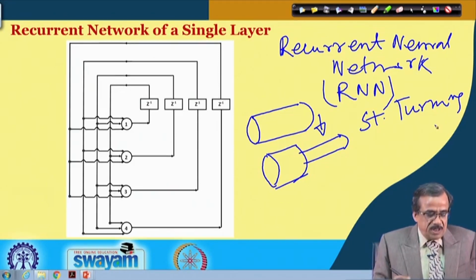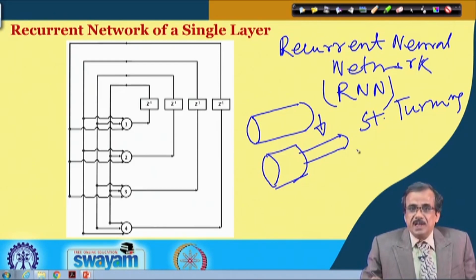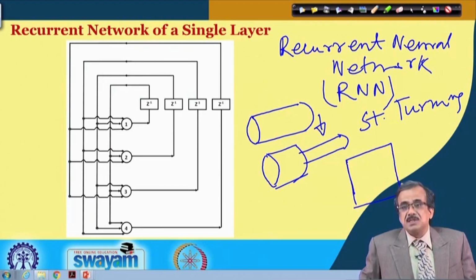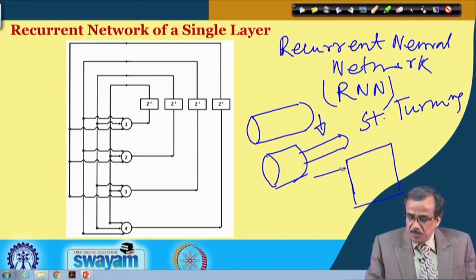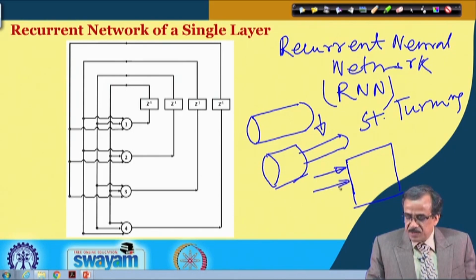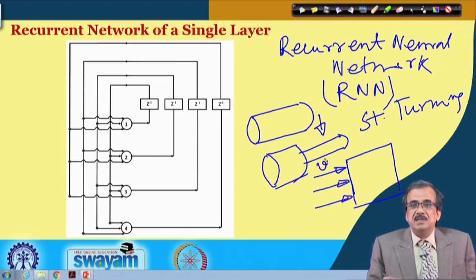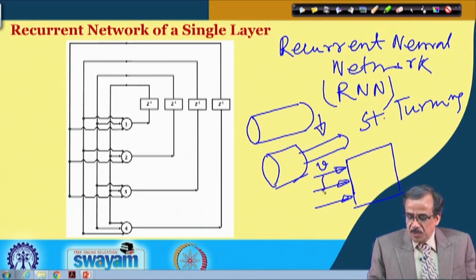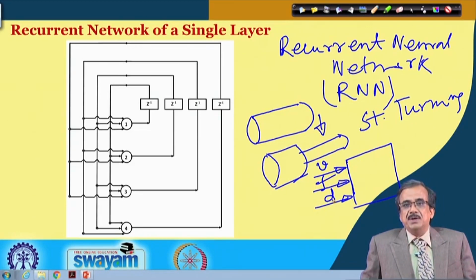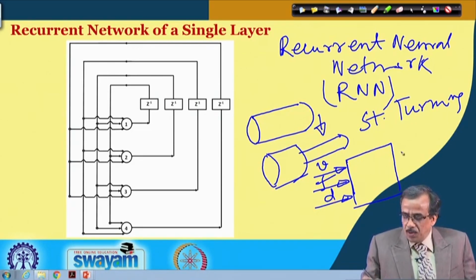If I go for this straight turning, I will have to consider a process which has at least 3 inputs, say cutting speed, feed and depth of cut. Cutting speed is denoted by V, feed is denoted by F, and depth of cut is denoted by D. And what are the outputs?